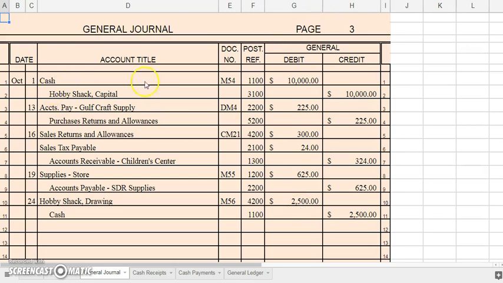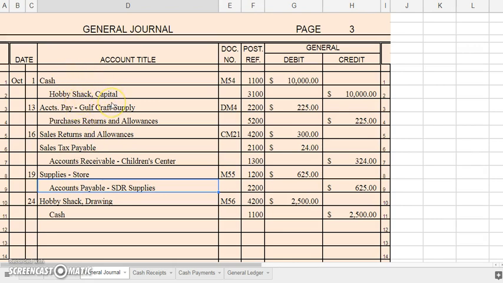So we do have to go line by line and record these. I will point out, though, accounts payable and accounts receivable we do not have to record because we did a subsidiary ledger.